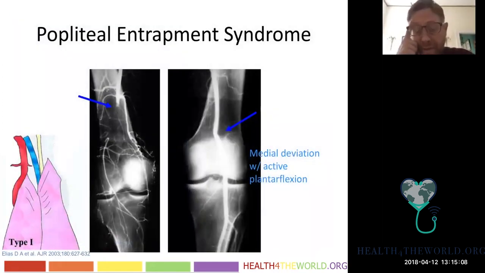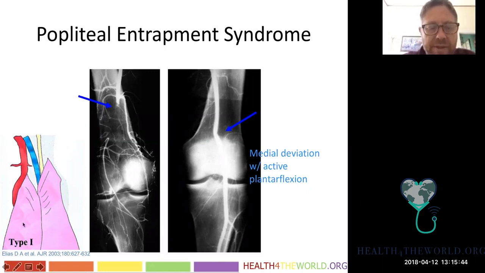Another important vessel or pathologic problem is popliteal entrapment syndrome, and that's when you have compression of the popliteal artery from the medial head of the gastrocnemius muscle, and you get this medial deviation with active plantar flexion. So if a patient stands up on their tiptoes, for example, they're actively plantar flexing, and that can cause the medial head of the gastrocnemius to impinge on that artery.